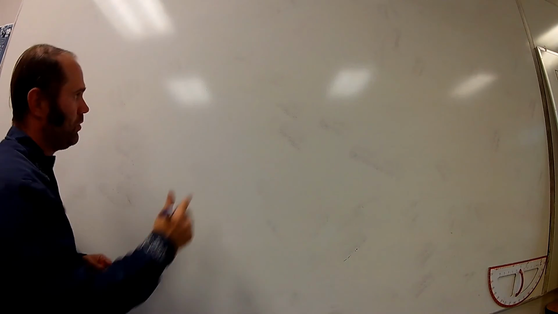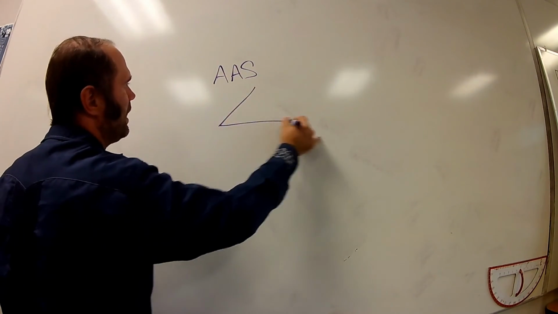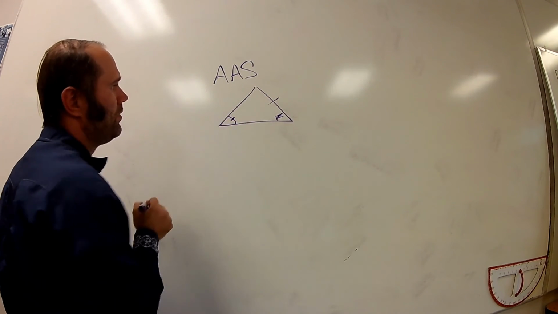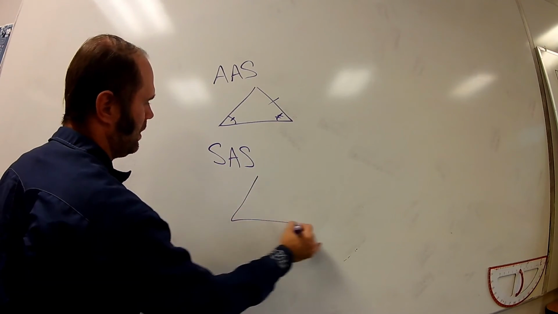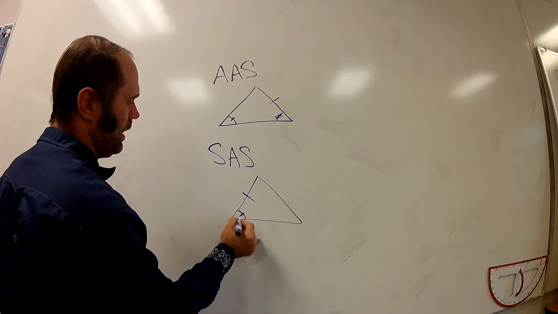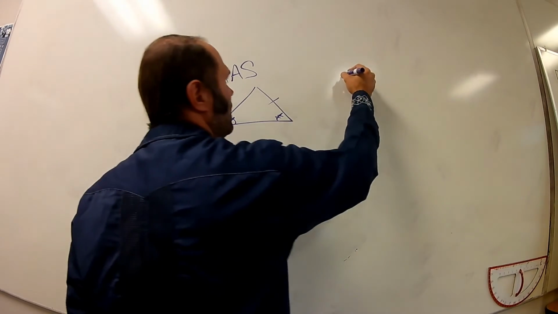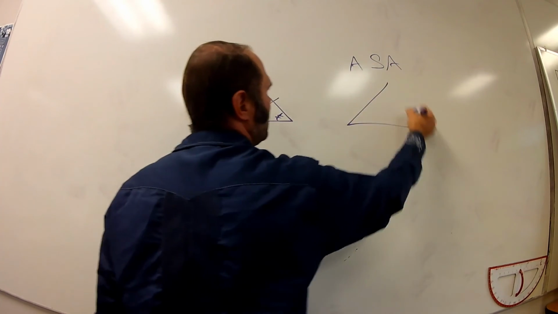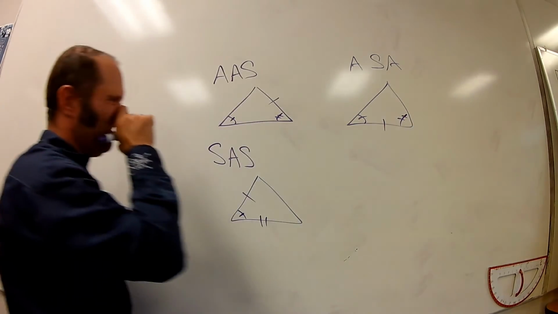So our 5 big choices are angle, angle, side. That would be a triangle that was angle, angle, side. Side, angle, side. Angle, side, angle.